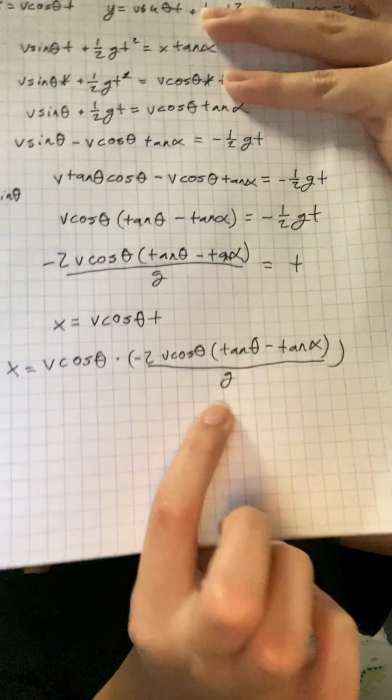X equals v cosine theta times negative 2 v cosine theta times tangent theta minus tangent alpha all over g, as shown here.